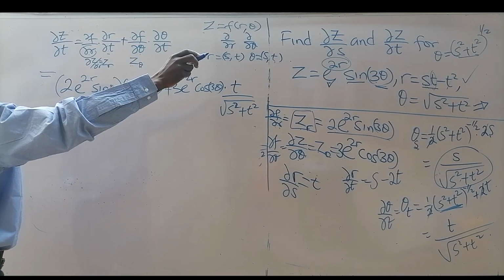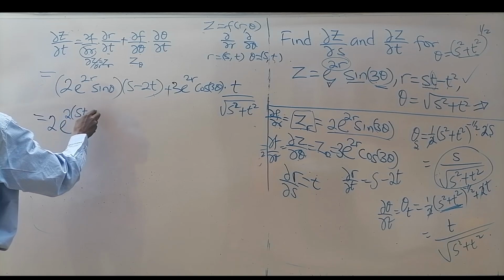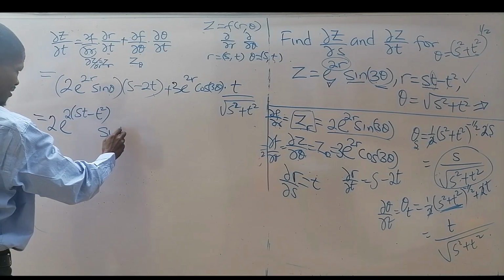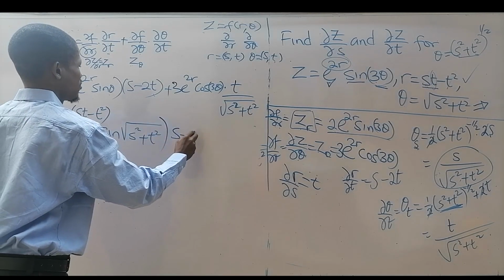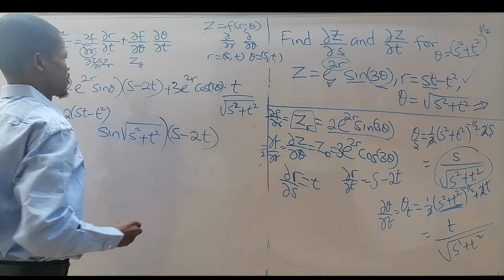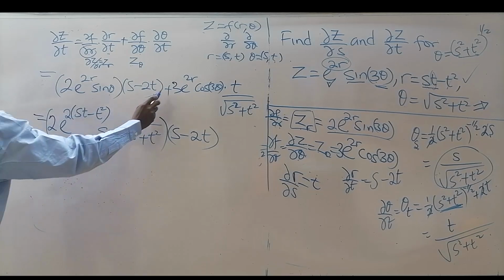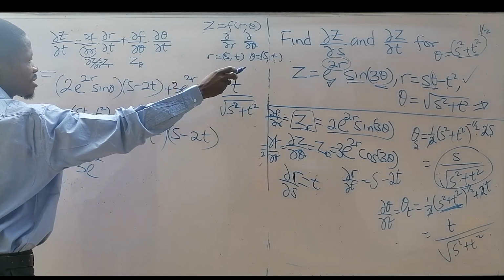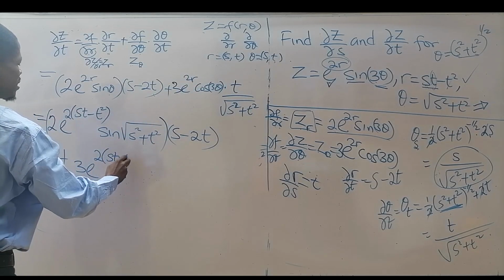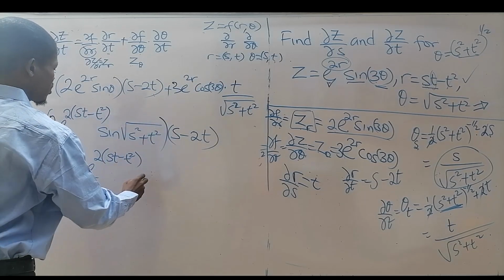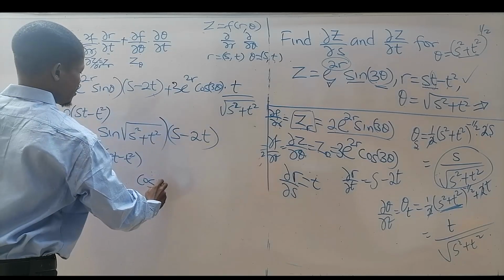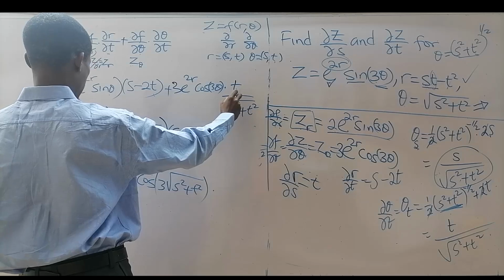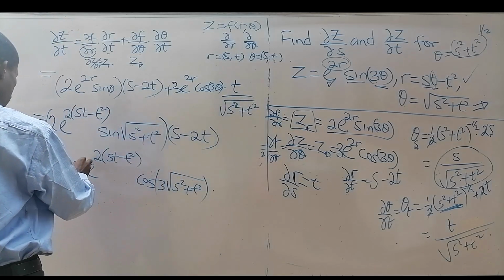We have the expression for r, which is st minus t squared, sine theta is this, then x minus 2t, then plus, do the same thing also here, my r has an expression which is st minus t squared, and then cos 3 theta, theta is what? Times this t on top here, can come here, you can put the t here, over.